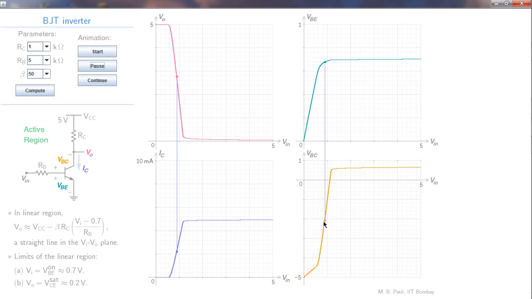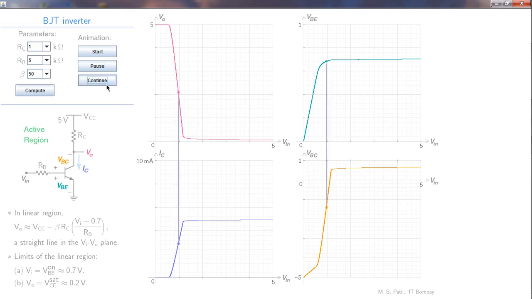In fact, it's negative at this point, and the base collector junction is therefore still under reverse bias. VBE is now something like 0.6 to 0.7 volts, and that is large enough to give rise to substantial IC, and that is what we observe here.